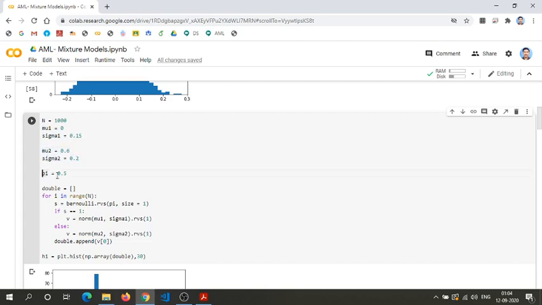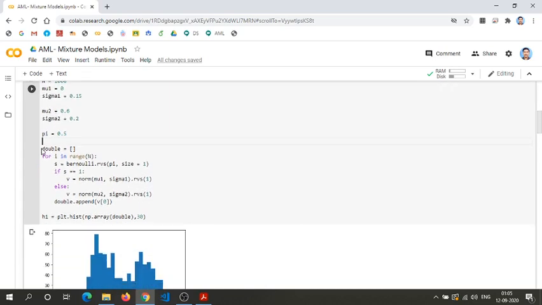And you have pi, which represents your z distribution. As I have told, we require only pi 1. Pi 2 is 1 minus pi 1. So pi 1 is 0.5, so pi 2 is also 0.5. So you divide the entire 1000 data samples into 500 samples from mu1 and sigma 1, and 500 samples from mu2 and sigma 2, and that is the meaning of this 0.5.